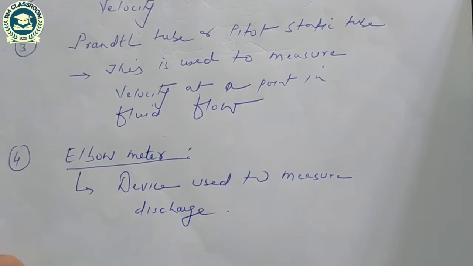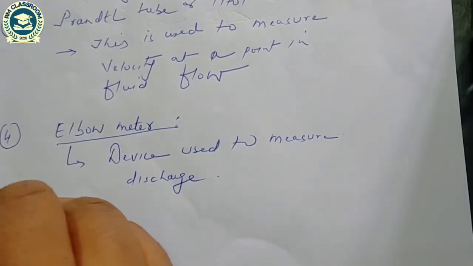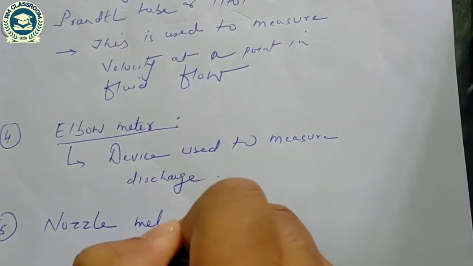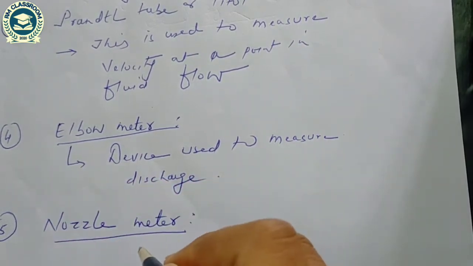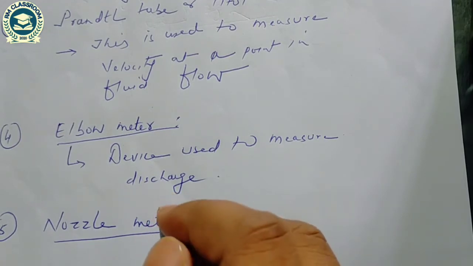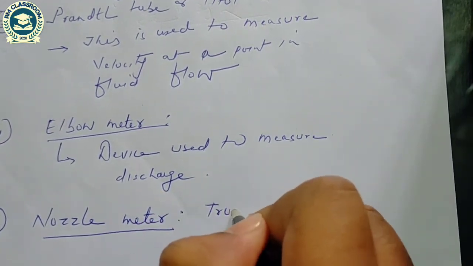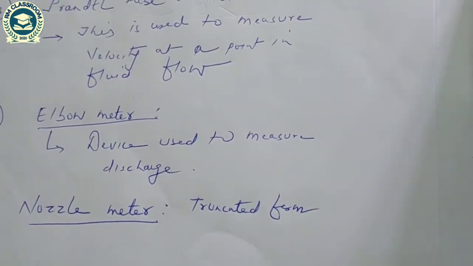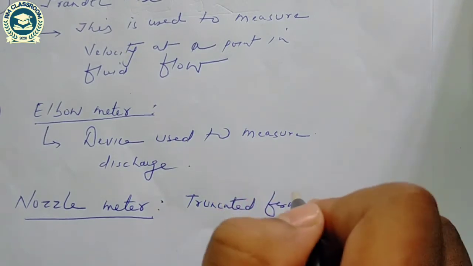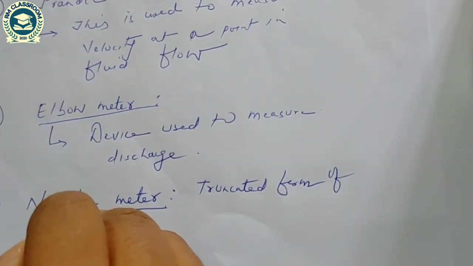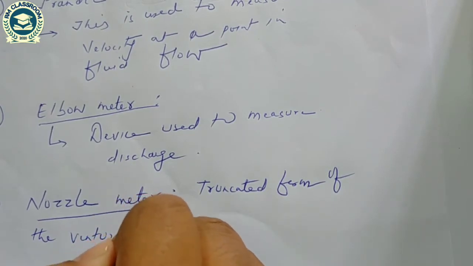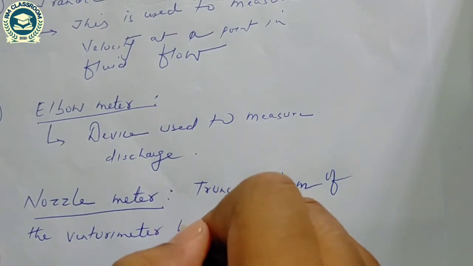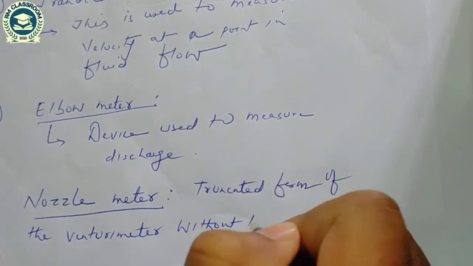And the last point in the notes is the nozzle meter. This is the truncated form of the venturi meter, without the diverging cone.